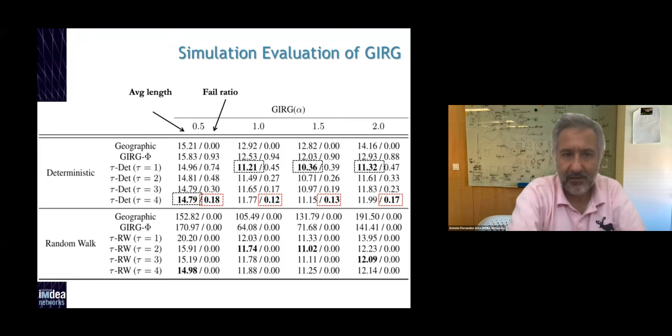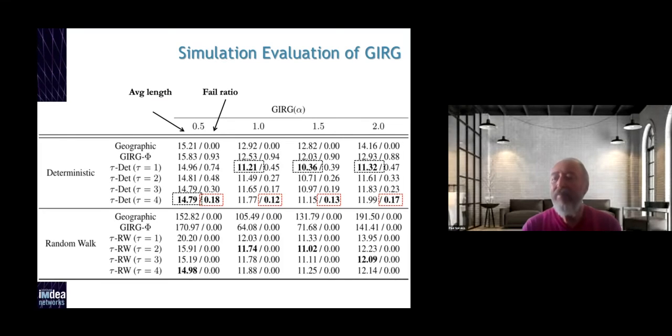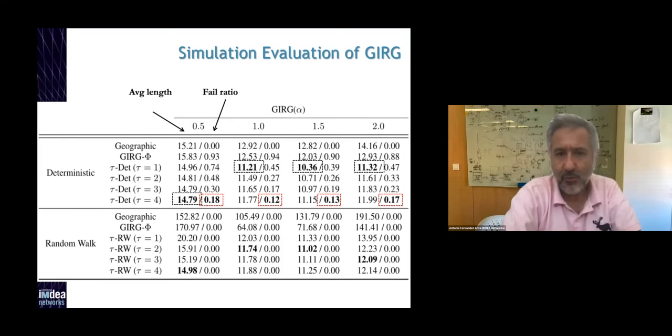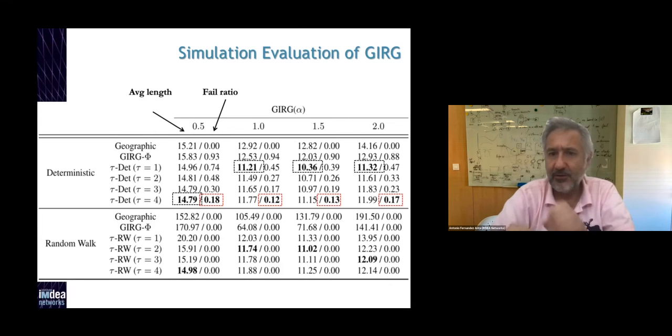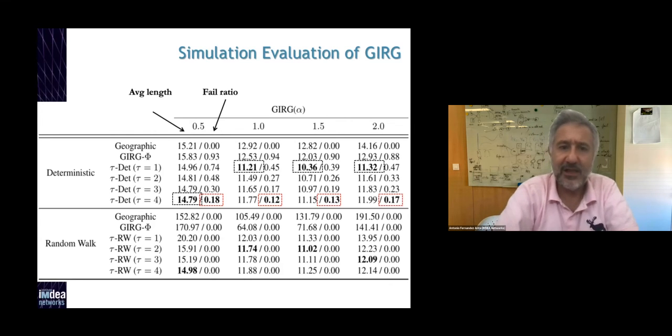With the tau deterministic, the red one shows the values that minimize the failure. It's not by coincidence that the smallest failing ratio occurs for the largest value of tau, because tau is designed for that. Essentially, tau equal 4 means that as soon as the routing is at a distance of at most 4 from the destination.